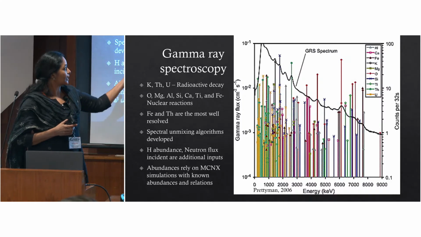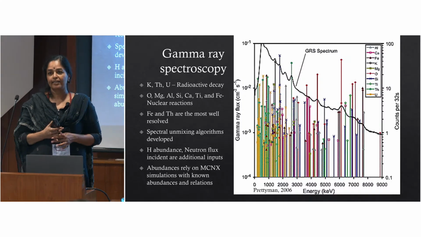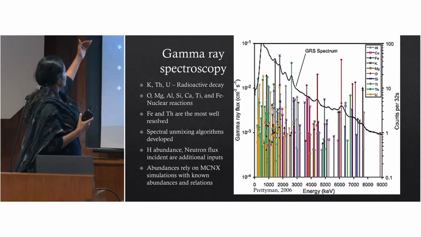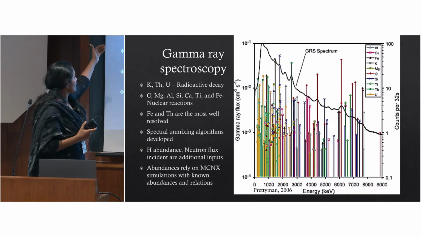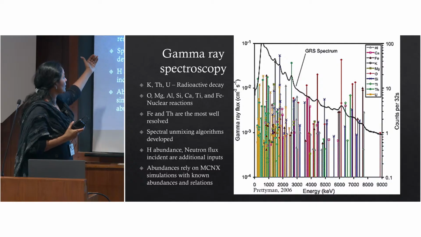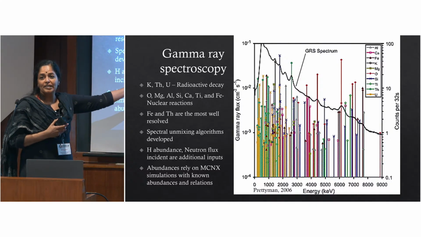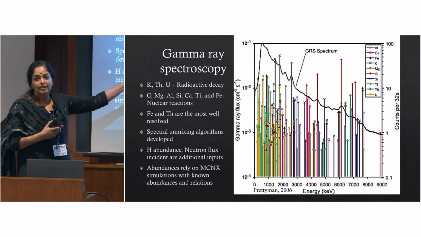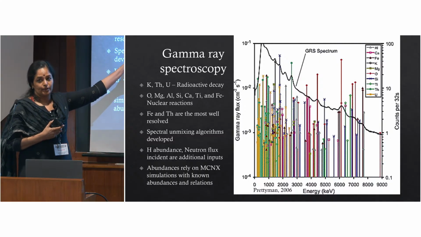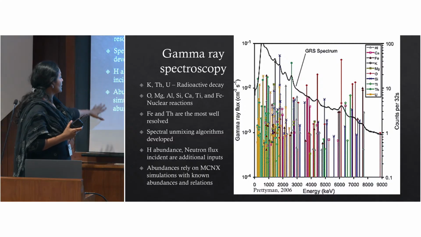I should know for each of these lines what the spectral resolution of my instrument is. So you have to put in a lot of factors. For example, they do what you call spectral unmixing: you put in these elements, what you expect, and then try to model what you observe. So that's a forward modeling.